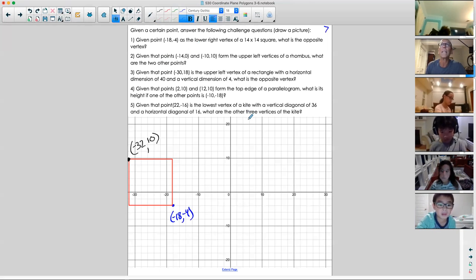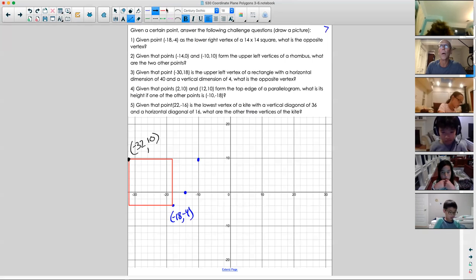Given that 2 points, -14, 0, and -10, 10, form the upper left vertices of a rhombus. So I'm going to actually connect those 2 points. So those are the upper left vertices of a rhombus.